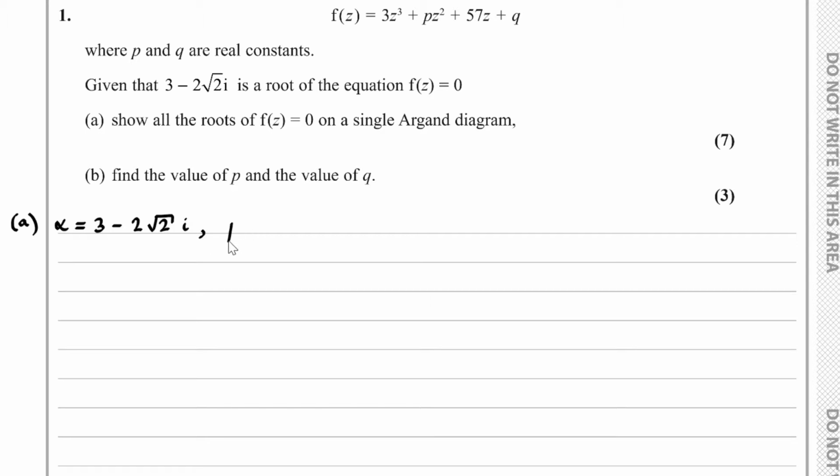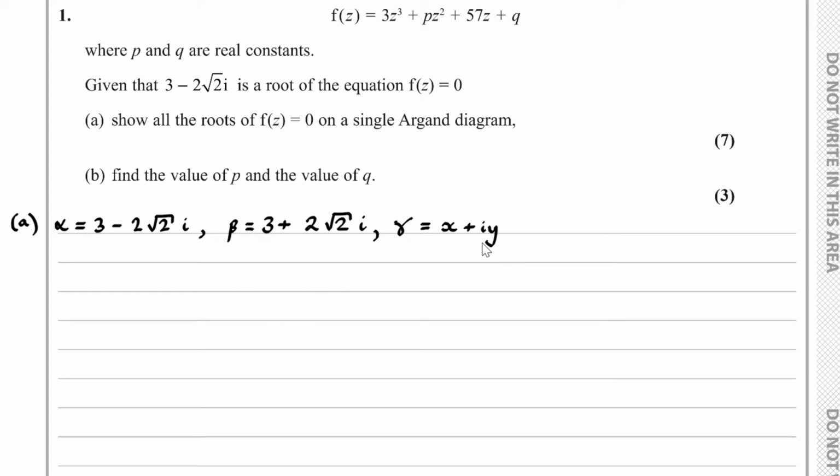Our other root, beta, will be the complex conjugate of this root, which is 3 plus 2 root 2 i. And our third root, gamma, that's going to be of the form x plus iy.